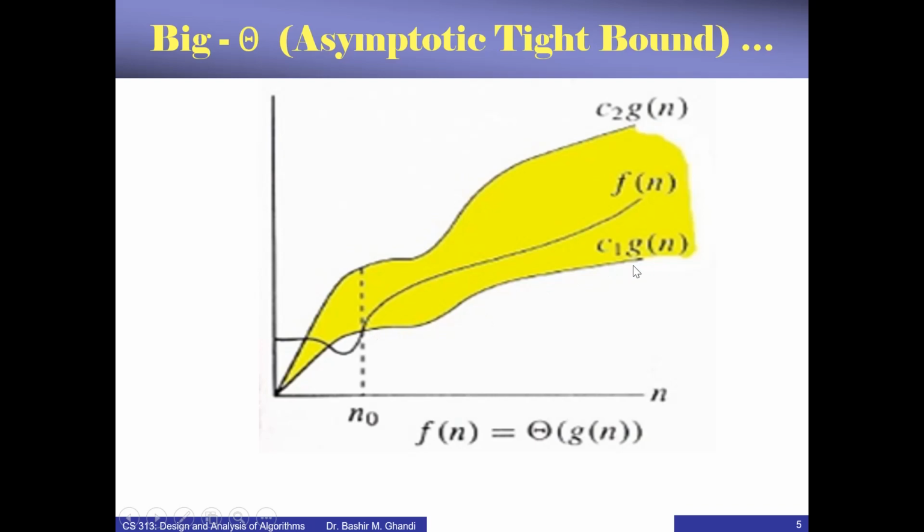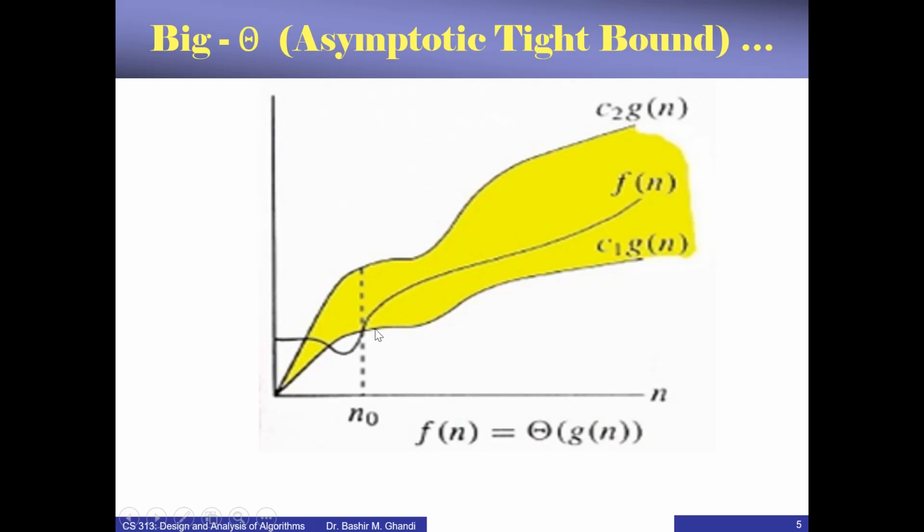Now, but not for all values of n. fn may be bigger or even smaller than both for small values of n until we reach n naught. But here after n naught, the two inequalities should always hold. fn should be between c1 times gn, so this is c1 gn, this is one function, and this is c2 gn. It's the same function, we're just multiplying it by a constant or by two constants.